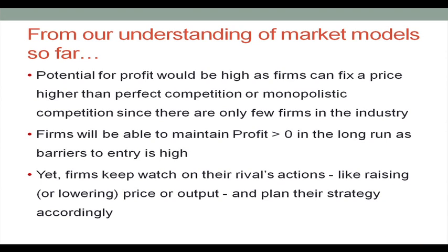So this is our understanding about market models, and we know that since there are only a few firms, the firms are probably facing a negatively sloping demand curve. We are going to look at the demand curve in detail in the following module, and firms will be able to earn profit, and probably they will be able to continue earning profit in the long run, unlike monopolistic competition, because the barrier to entry is high. They know that more firms are not going to enter the market.